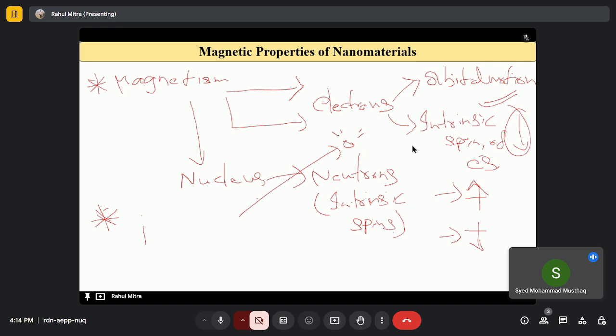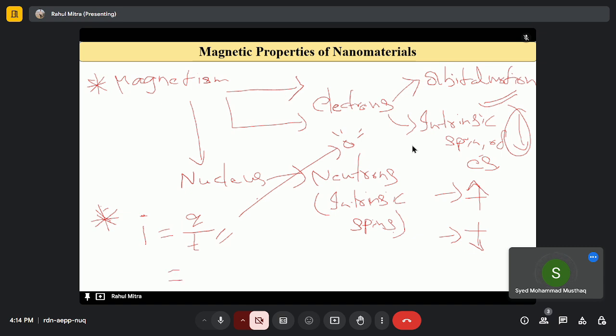We know the current I equals Q by T, and in differential form we can represent current as the rate of flow of charge.